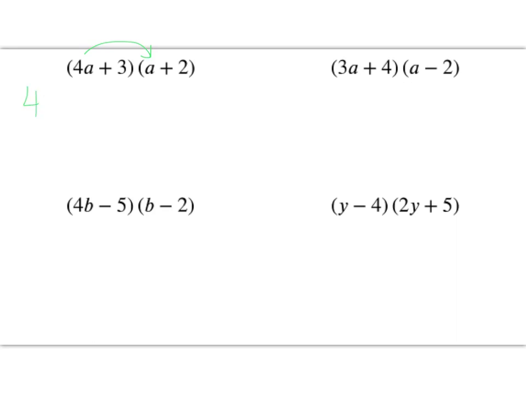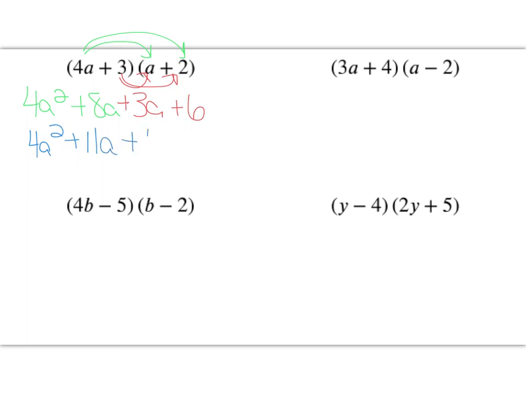So 4a times a is 4a squared, 4a times 2 is 8a. Then I'm going to distribute the 3. 3 times a is 3a, and 3 times 2 is 6. Notice I have two terms that combine, so I end up with 4a squared, 8a plus 3a is 11a, plus 6.